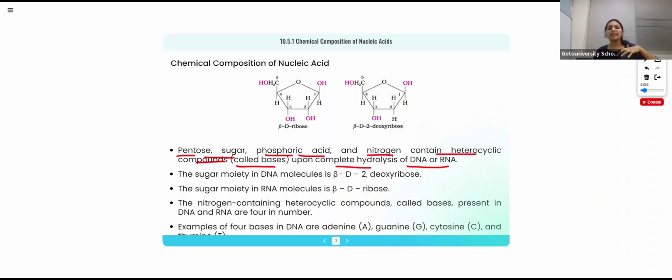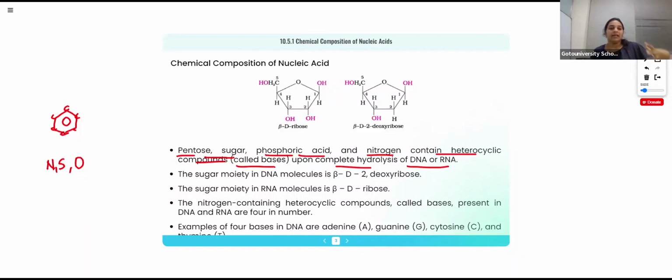What do you mean by heterocyclic compound? Normally we know what benzene is, right? This is the structure of benzene. Heterocyclic compound means, in benzene, in all the corners you can see carbon atoms, right? When one of the carbon atoms is replaced by a hetero atom like nitrogen, sulfur or oxygen, they are called heterocyclic compounds.